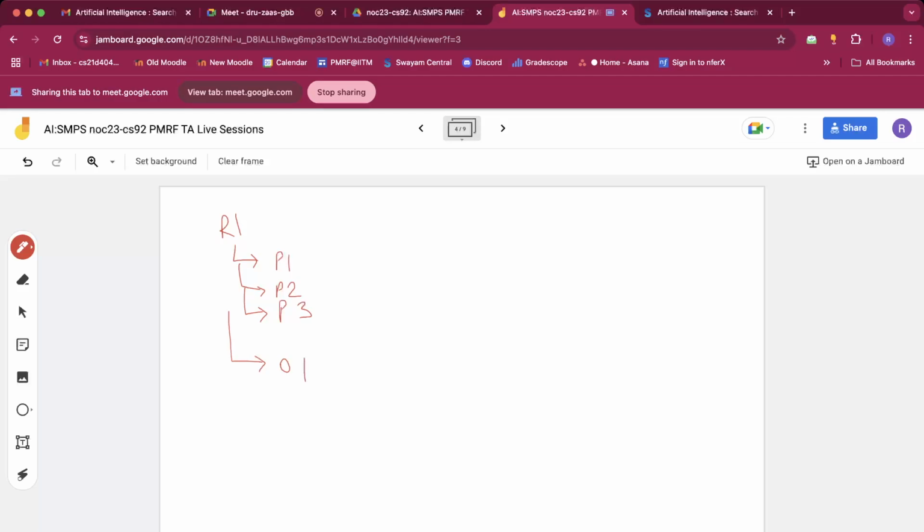This is a hypothetical example, and let's say our working memory consists of different elements. Because we have three preconditions here, and multiple combinations could be applicable, our conflict set would consist of, let's say, rule 1 with 101, 102, 103. Hypothetically, this is one possible three-tuple.